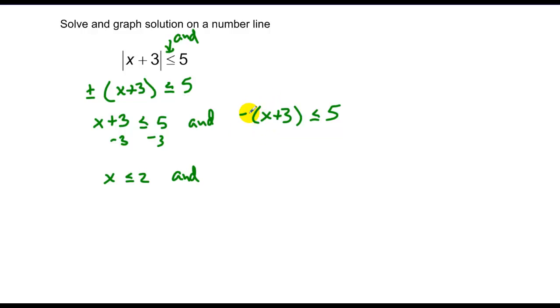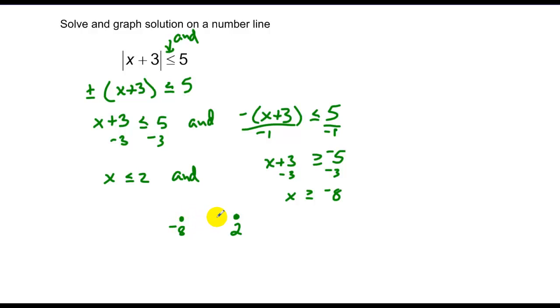Now in these problems, I typically divide by -1 on my first step. And when I do that, I flip the inequality sign. And then I'll subtract 3 from both sides, and I get x greater than or equal to -8. So graphing this, here's my 2 and equals, and then here's my -8 and equals.